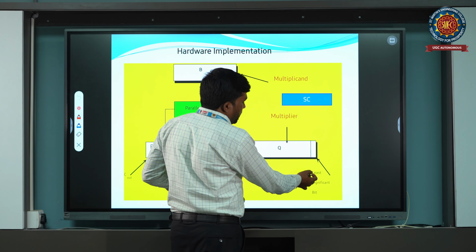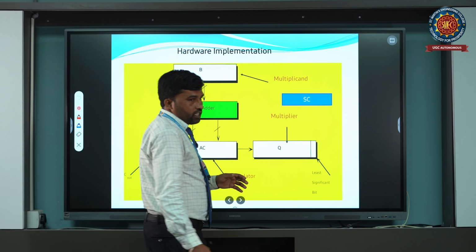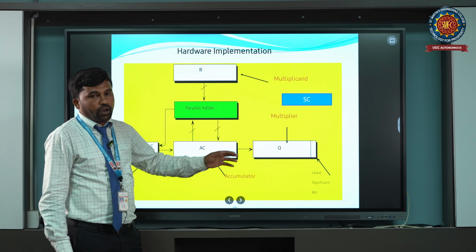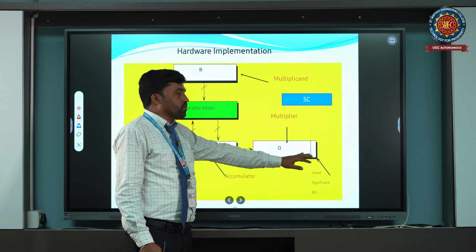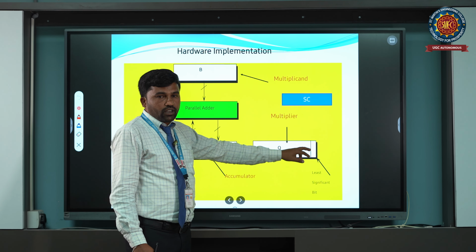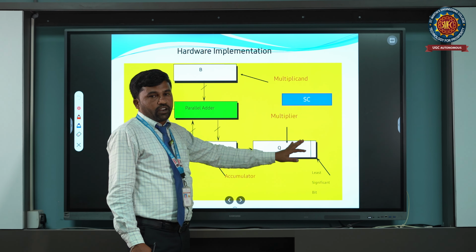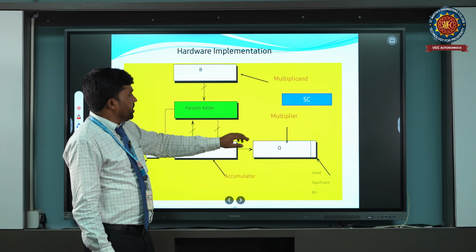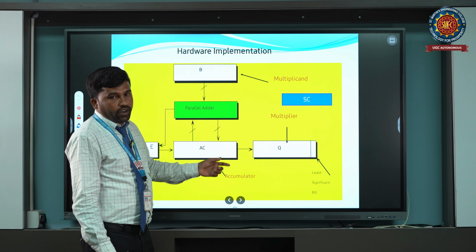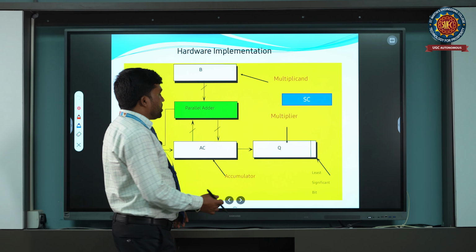Here we are taking the LSB, the least significant bit of the Q register. Based on this Q register least significant bit data only, we process and get the output of the multiplication process.